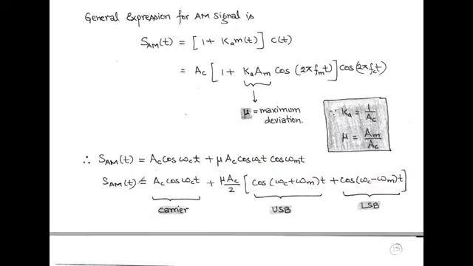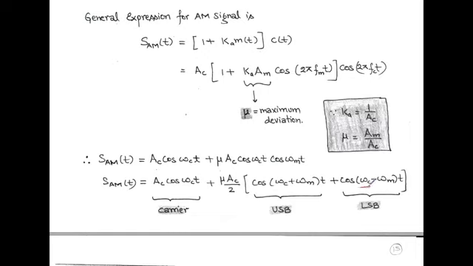Here the second term consists of cos omega_c t into cos omega_m t. We solve it using the 2 cos A cos B formula. For this we first multiply and divide by 2, and we get the second term, that is within bracket cos (omega_c plus omega_m) t plus cos (omega_c minus omega_m) t. Here again we note a point that the carrier frequency is very large as compared to the message frequency.